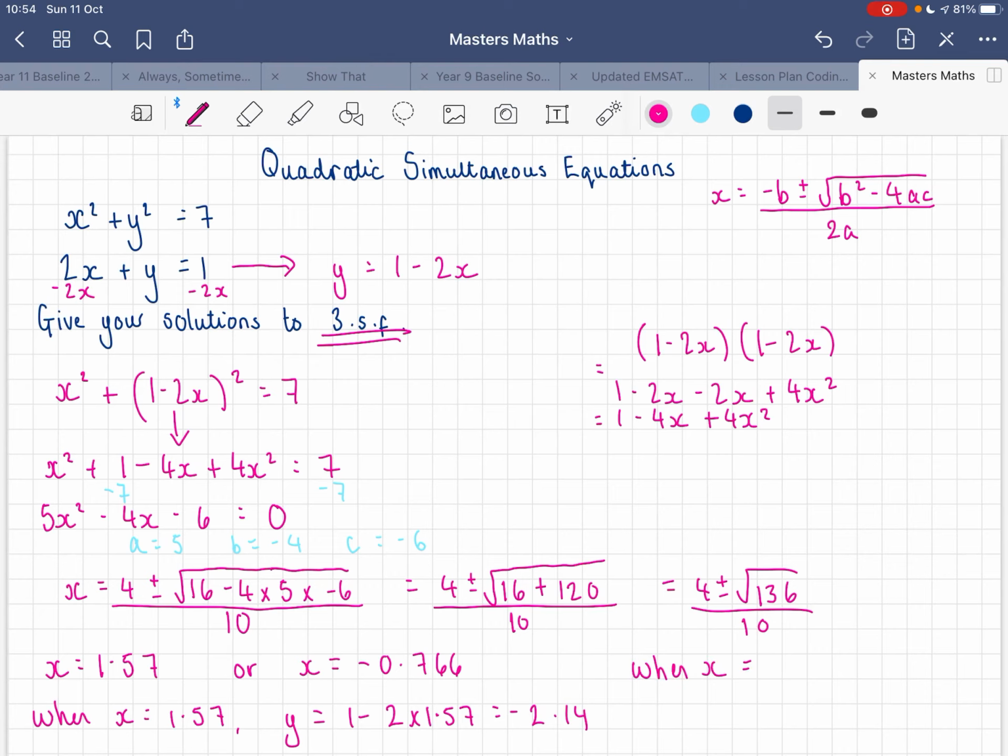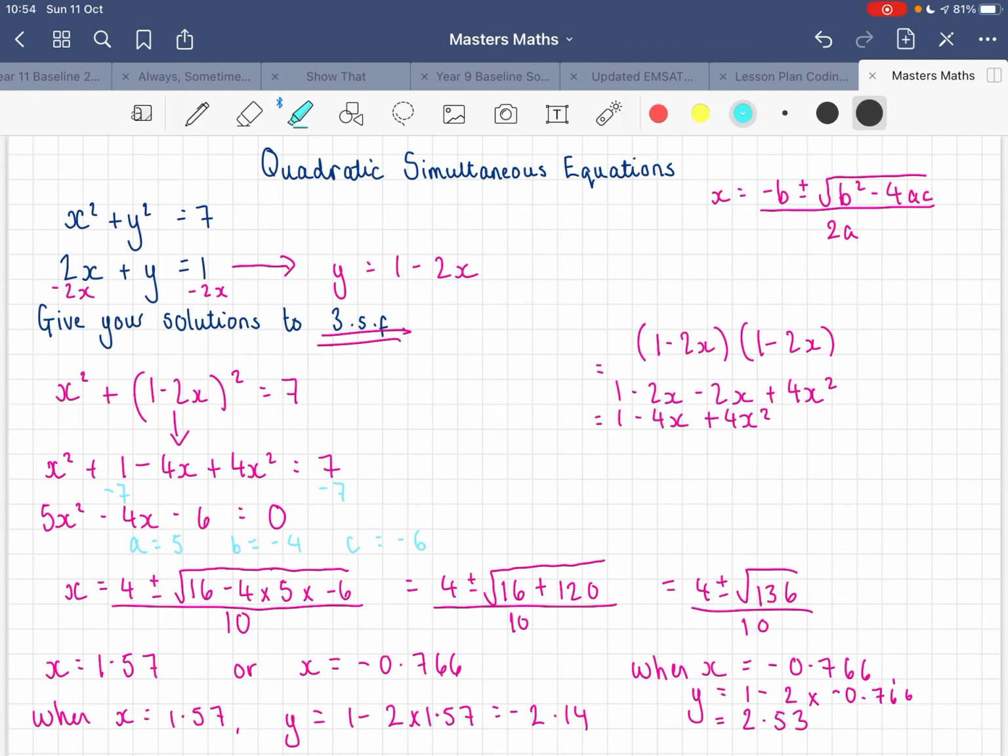When x is negative 0.766, y is 1 minus 2 lots of negative 0.766. And again, just put that straight into your calculator. Use a bracket. Don't forget that it's negative 0.766. It is 2.53 to 3 significant figures.